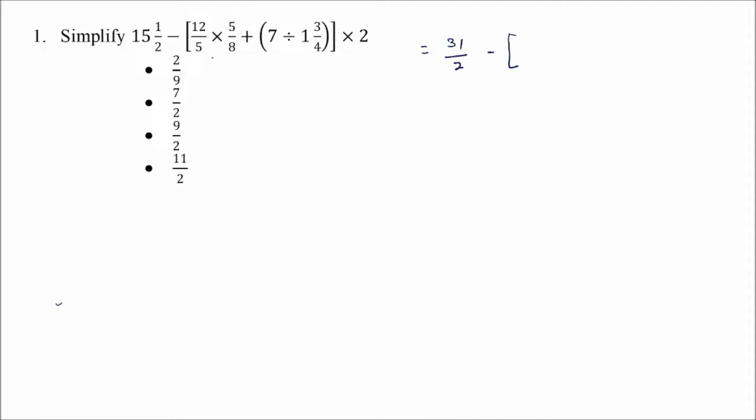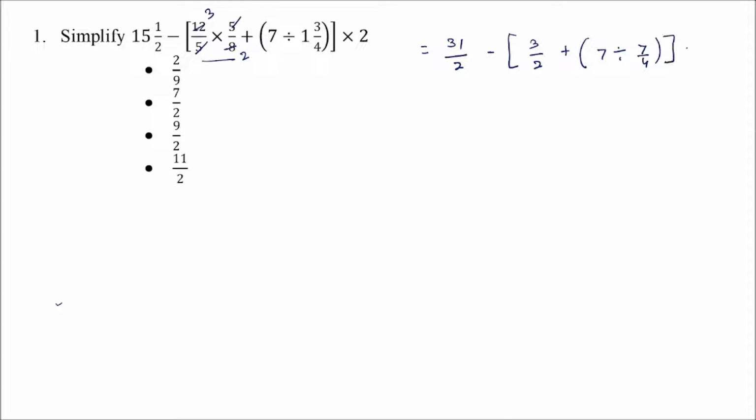So let us take this multiplication. 5 will get cancelled. 4 twos are 4, 4 threes are 12. So 3 upon 2 plus. Now let us solve this bracket. Inside the bracket, here 7 divided by 1 integer 3 by 4 means 4 ones are 4 plus 3, 7 upon 4.